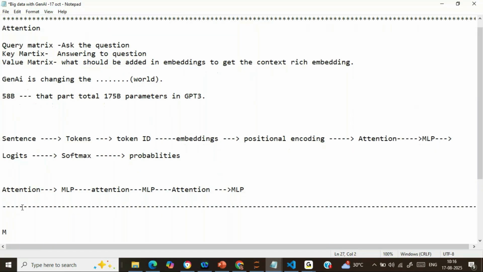MLP, multi-layer perceptron. What is the main function? To add the knowledge from the outside world.